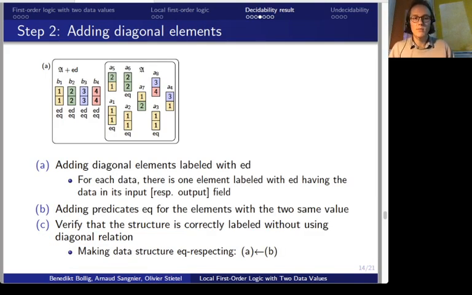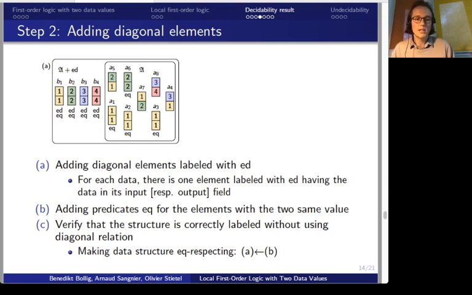So the second step is about well-diagonalized structures. We add diagonal elements. We start from the same structure as the previous slide, and we add diagonal elements labeled with ed, such that for each data value, there is one element labeled with ed having the data value as input and respectively as output field.